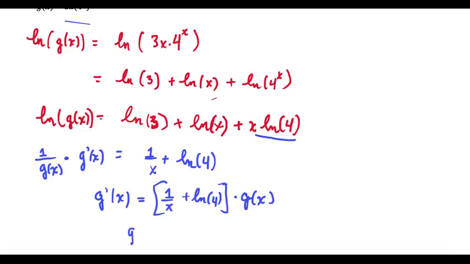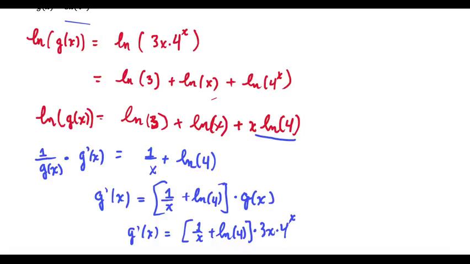And what we have is that g prime is equal to 1 over x plus the natural log of 4 times 3x times 4 to the x.